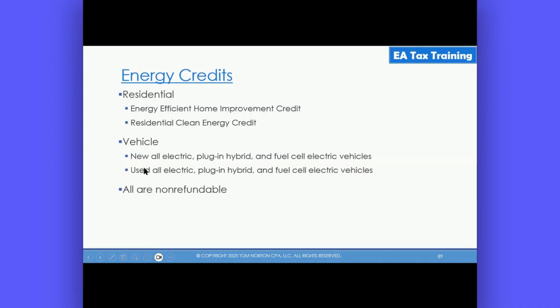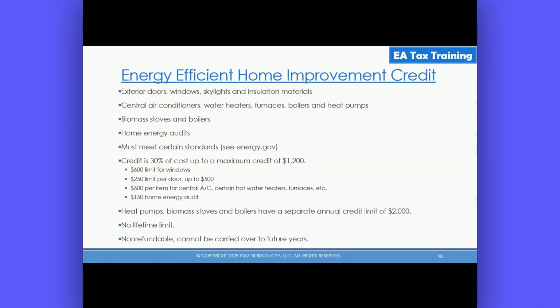And then for the vehicles, you can get a credit potentially for a new electric or hybrid vehicle or for a pre-owned electric or hybrid vehicle. So the Energy Efficient Home Improvement Credit, this is for exterior doors, windows, skylights, and insulation materials, central air conditioners, water heaters, furnaces, etc., biomass stoves and boilers, home energy audits.